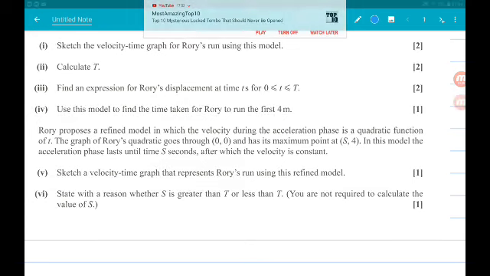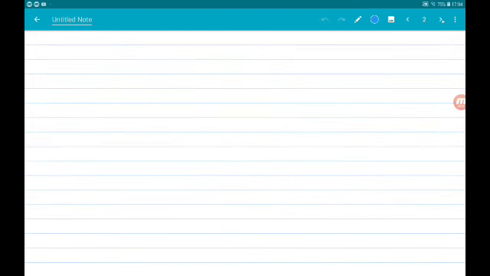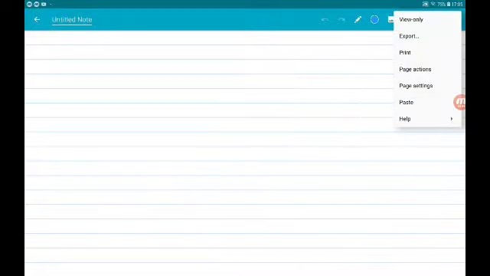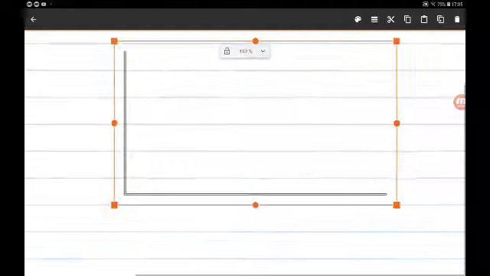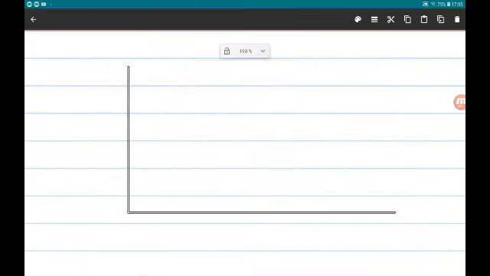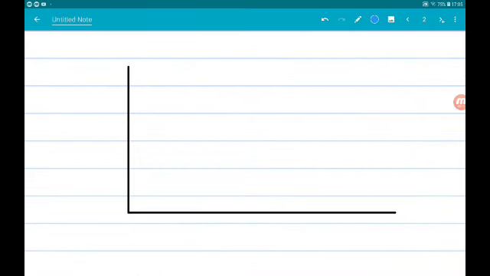Okay, so what this is doing then is replacing the straight line for his constant acceleration with a curve to show variable acceleration. So it's much more realistic.